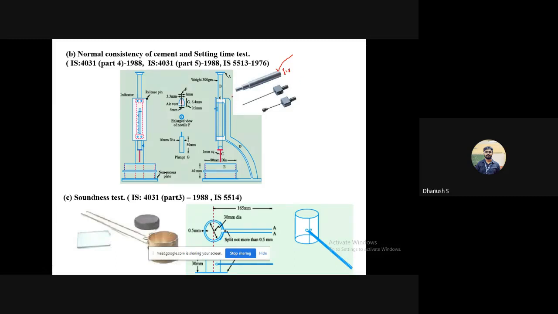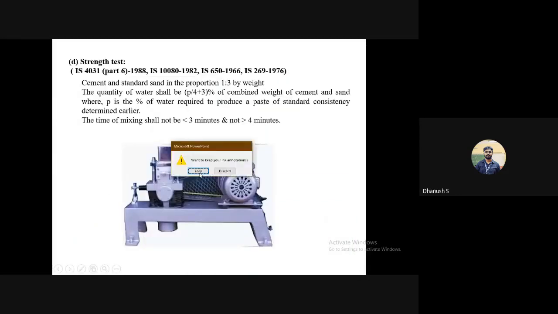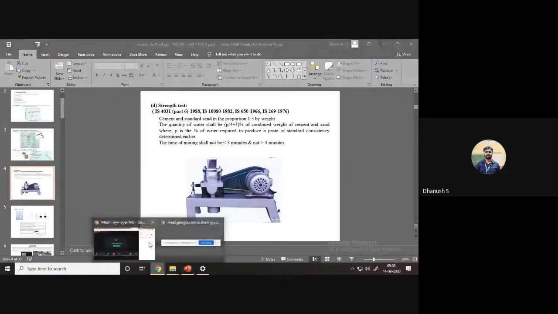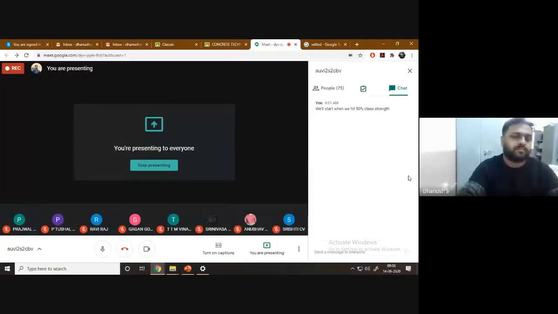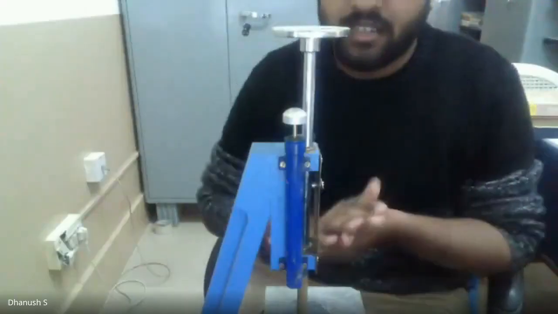So what we basically do is, I think I'll just turn on my camera, 1 second. I have the apparatus here. Can you guys see what's happening on the camera? Hello? Yes, sir. Unfortunately, I can't see what is happening because the screen is like that. Can you guys see the apparatus now? Yes, sir. The entire thing?